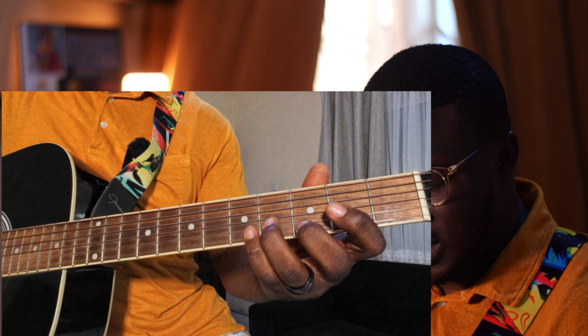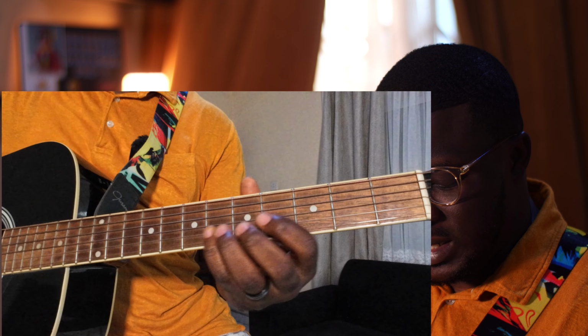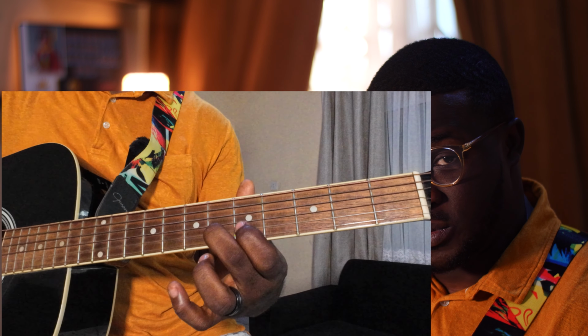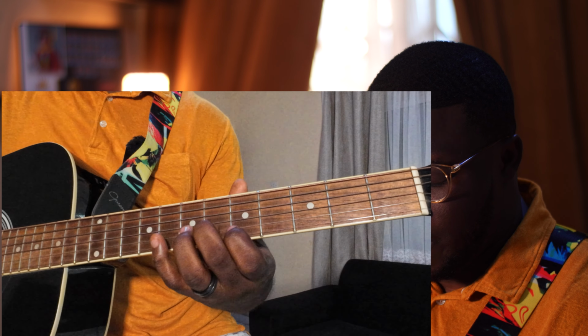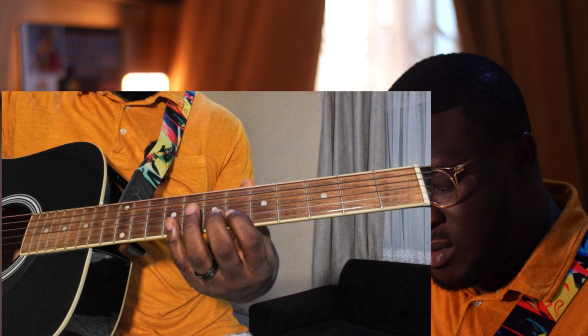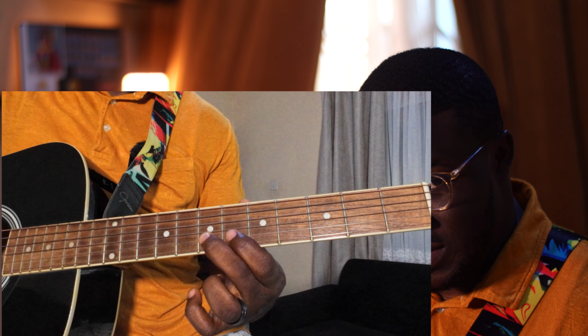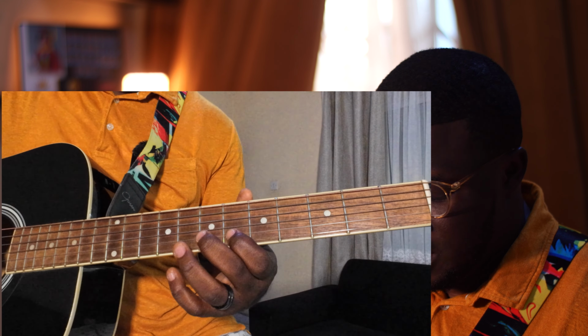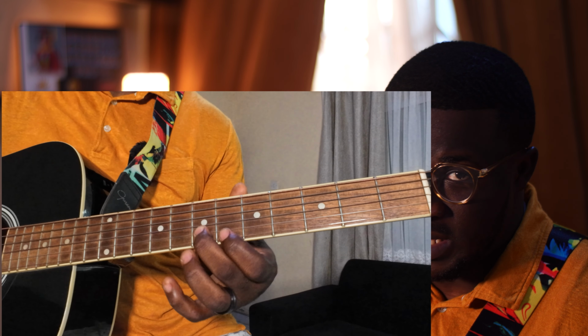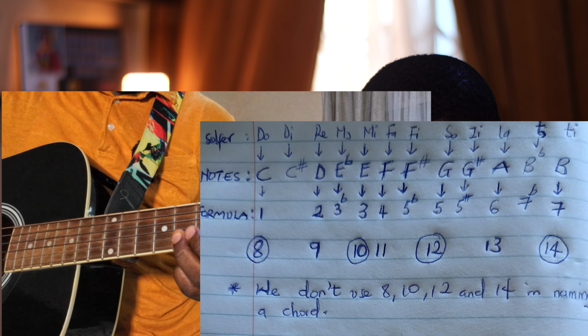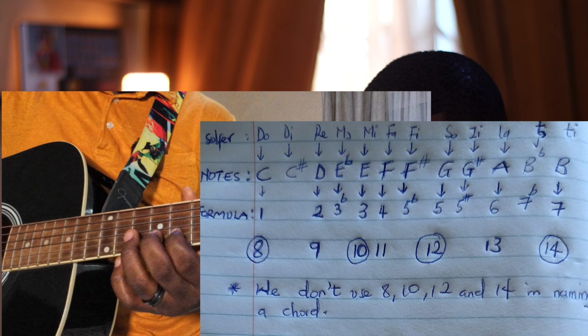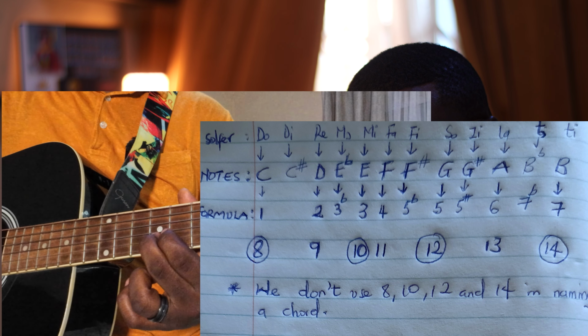2 sharp, 3 sharp or 4. You can say 3 sharp is 4. Then 5 flat. I don't mean 4 sharp, but flat 5. Then 5 sharp, which is the augmented.